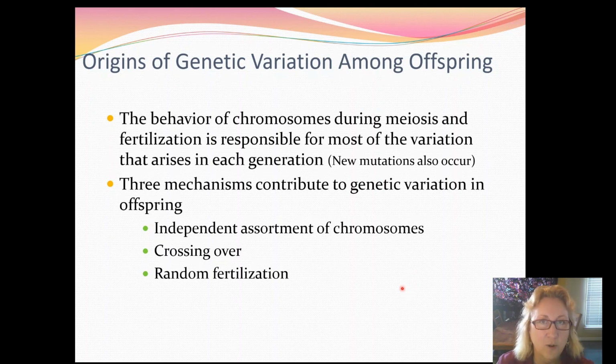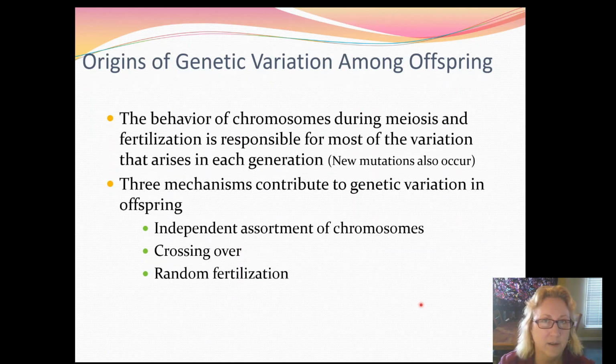So besides new mutations that are occurring each generation, we also have the independent assortment of the chromosomes during meiosis. So when the gametes form, the maternal and paternal chromosomes from the previous generation randomly go to the daughter cell. So we can have a huge number of different gametes just based on that. And we'll go over some numbers for that.